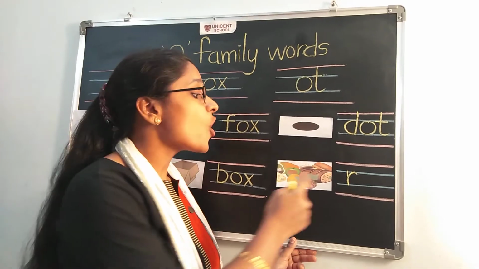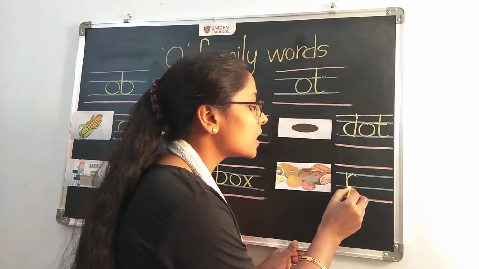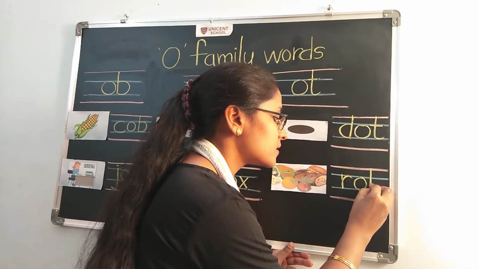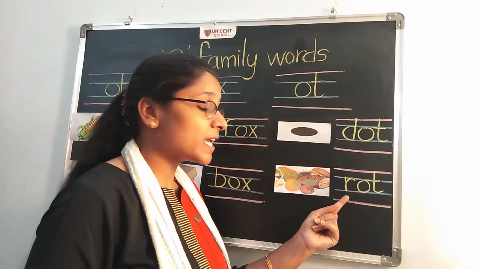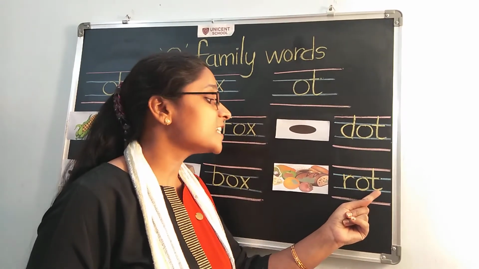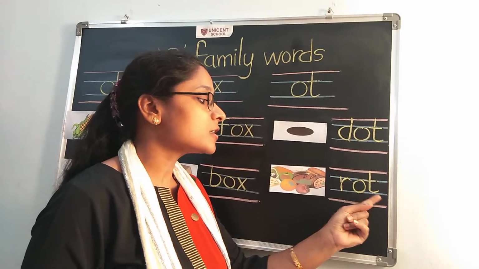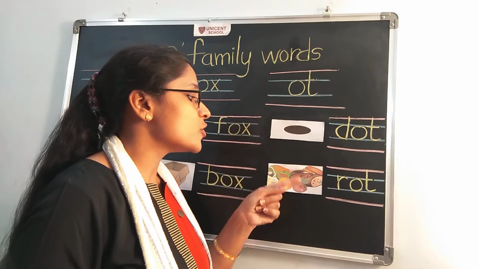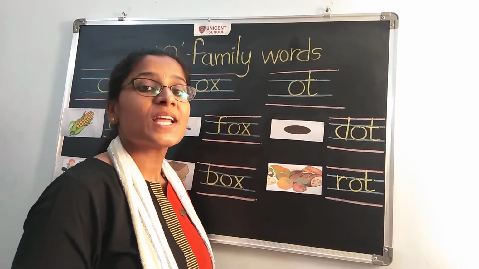R. R makes the sound R. O makes the sound O. T makes the sound T. R, O, T. Rot. So dot and rot belong to ought family words.